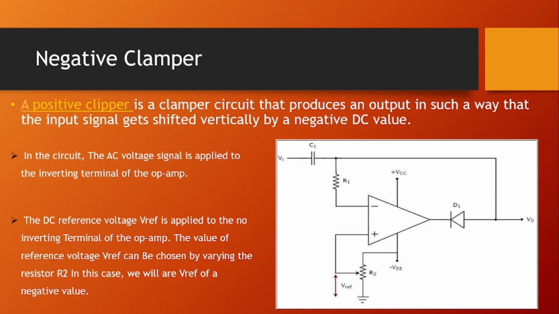In the circuit, the AC voltage signal is applied to the inverting terminal of the op amp. The DC reference voltage Vref is applied to the non-inverting terminal of the op amp. The value of reference voltage Vref can be chosen by varying the resistor R2. In this case, we will use a Vref of a negative value.